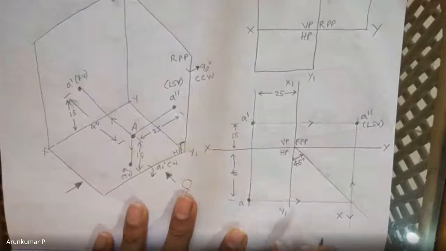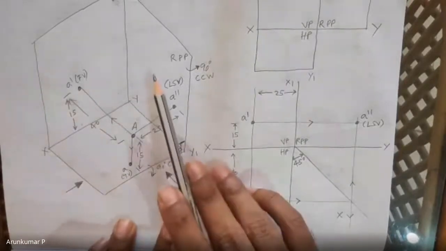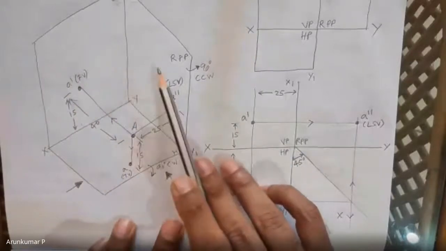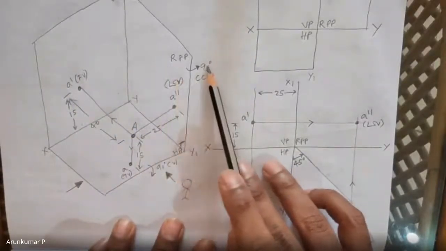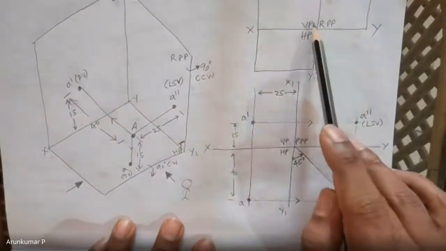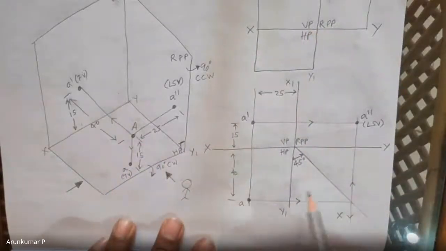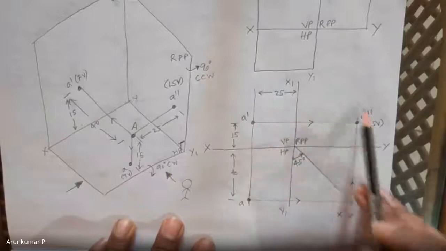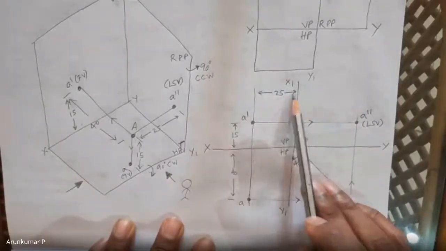Okay. So this is the procedure of getting the side view. I hope this is clear. Point number one, RPP. You should rotate it by 90 degrees in the counterclockwise direction so that RPP goes beside VP. Okay. And then, since there is the RPP, you should first consider the distance of the point from RPP.